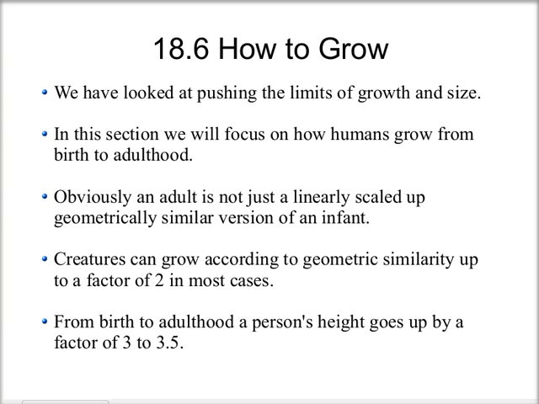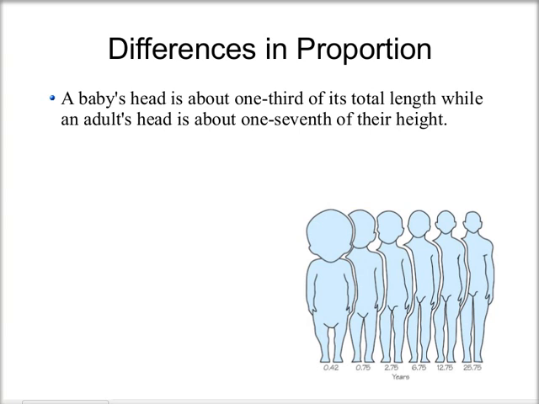There's going to be some changes in proportions there. Also, when we looked at scaling up King Kong from an average gorilla, we saw that we would need a scaling factor of about 9. So there would probably need to be some pretty significant changes in physiology to get an ape that is actually 50 feet tall. Let's take a look at how people change as they grow.